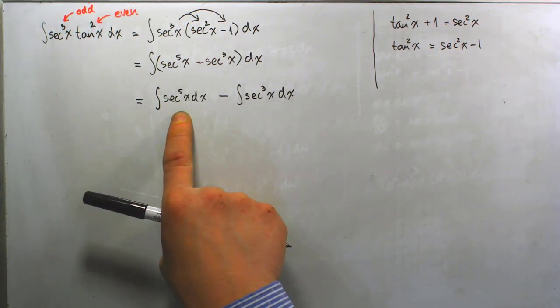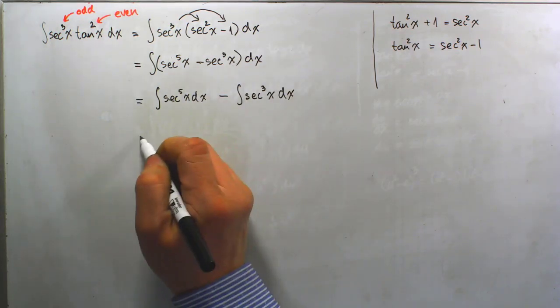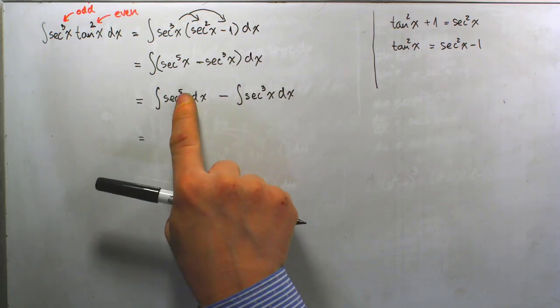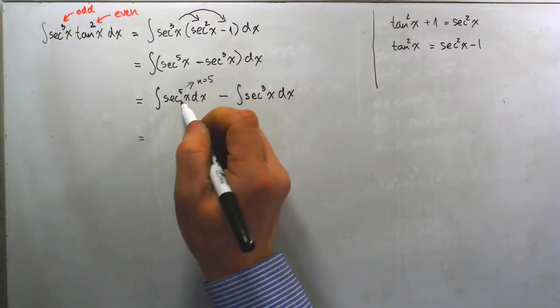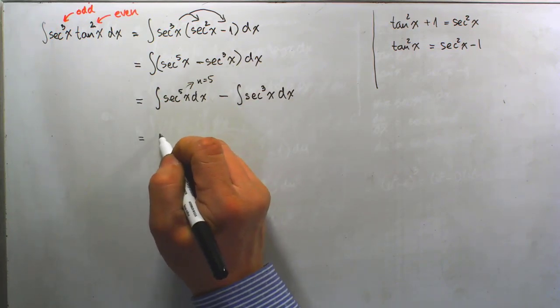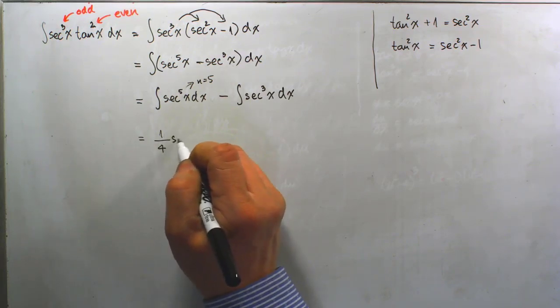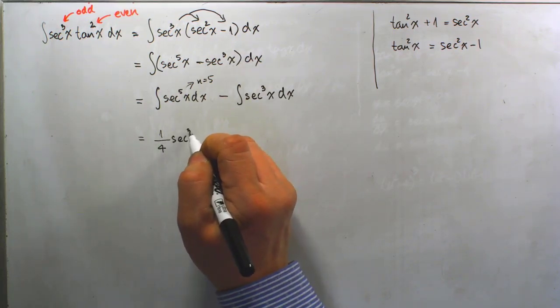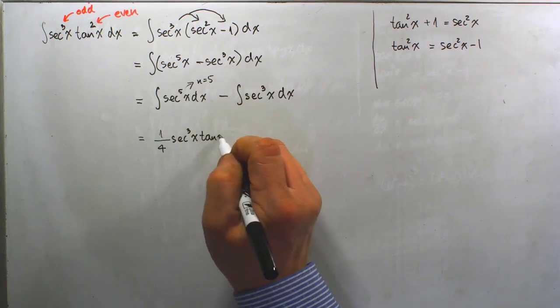According to the formula, the power 5 of the secant will give me 1 over 4 times secant to the third power of x times tangent of x, without an integral.